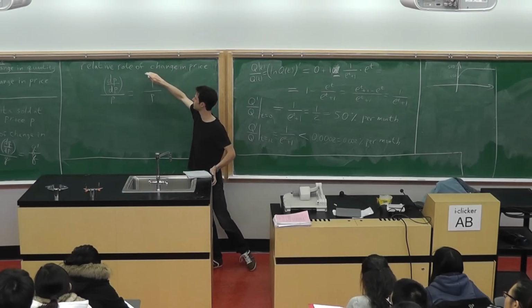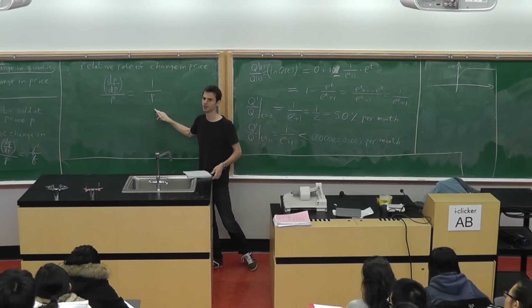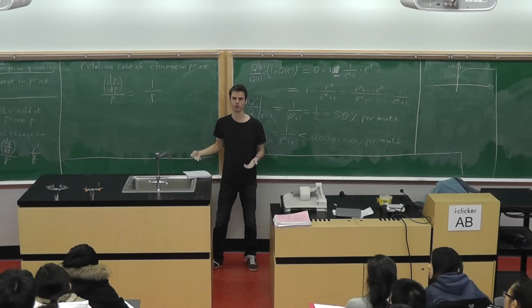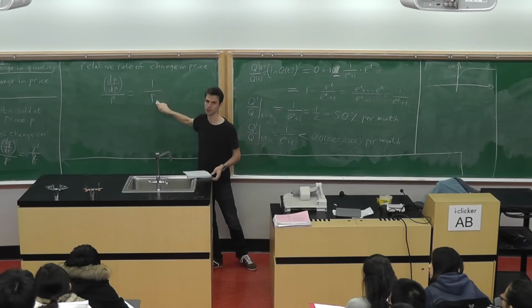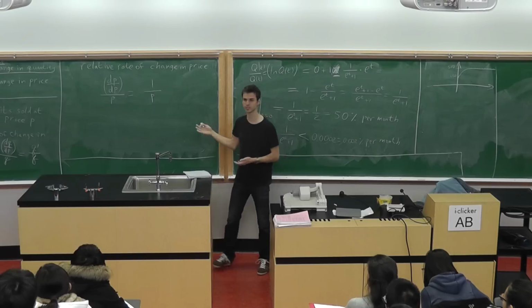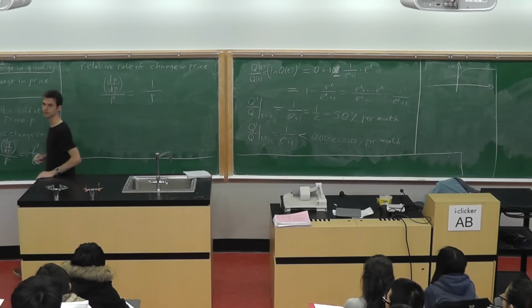Another way to interpret this is, in percentage terms, what does it mean to increase the price by $1? Well, it's 1 over P. You take this $1 and divide by the price. That's the relative increase.